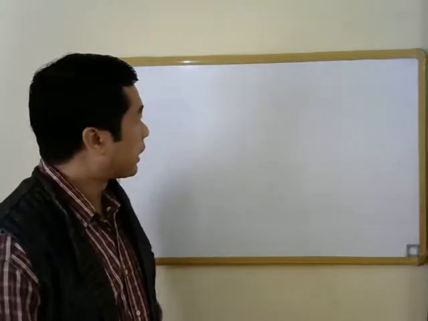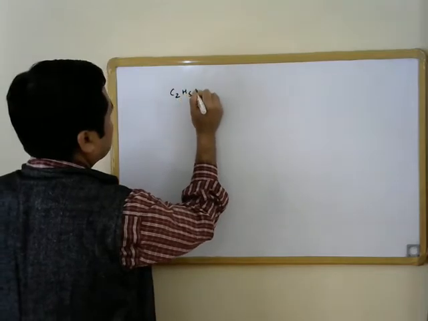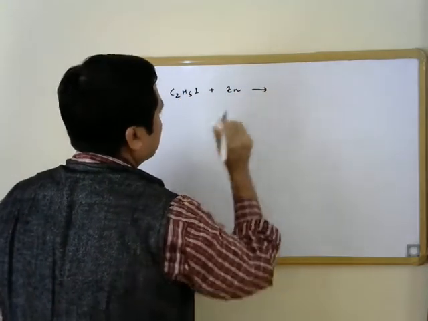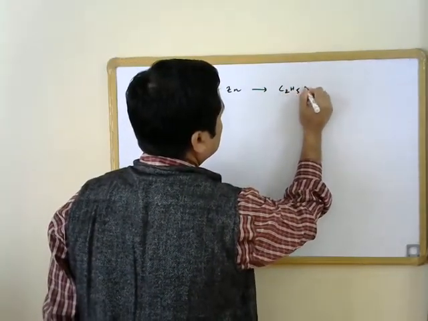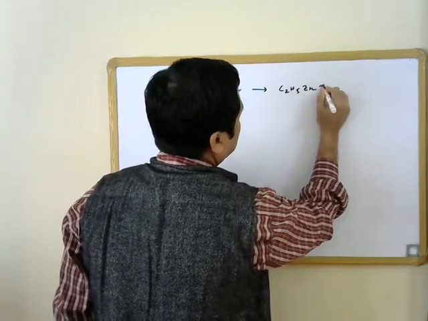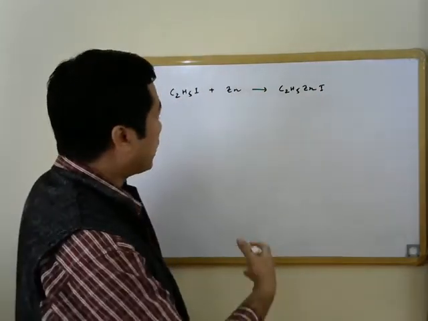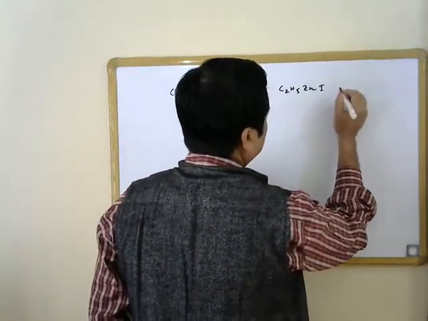One can start with ethyl iodide, and its reaction with zinc will give us ethylzinc iodide, which generally exists in association in aggregated form, not as a monomer, depending upon the condition.